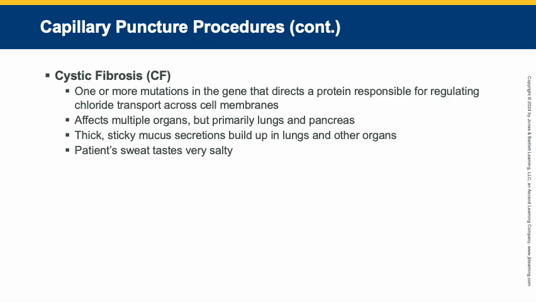The mutation causes the body to produce thick, sticky mucus secretions that build up in the lungs and other organs. The mucus obstructs passageways in the lungs, leading to pulmonary infections. Early diagnosis and treatment helps avoid respiratory distress and malnutrition and has the potential to increase life expectancy.